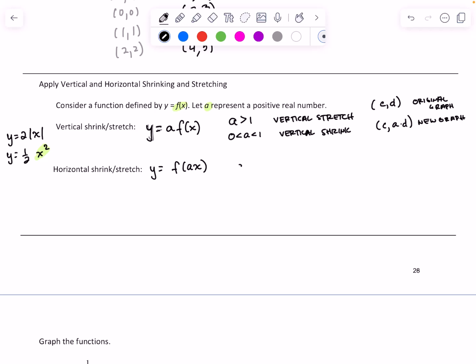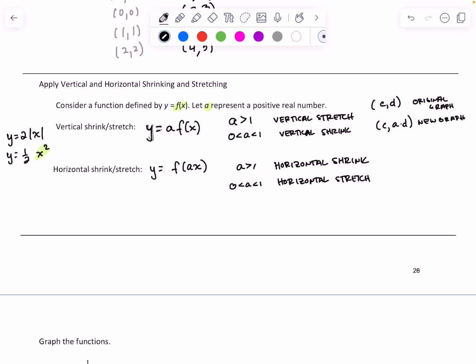Here, if a is bigger than 1, we actually have a horizontal shrink. This is going to make things narrower. And if a is between 0 and 1, that is going to be a horizontal stretch. This makes things wider.